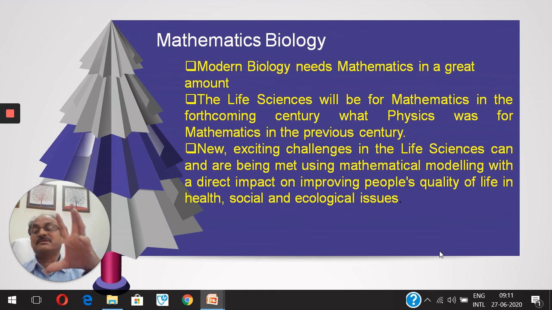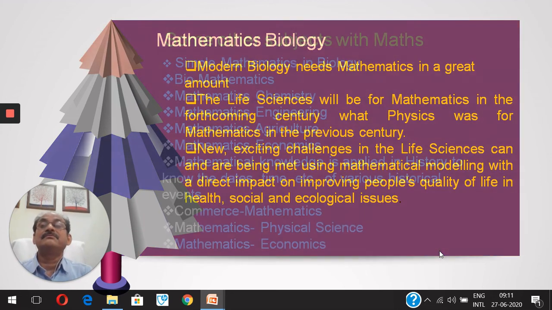So biological mathematics is a very important concept nowadays. In the corona situation, we are using the biological model because we are taking the help of biological people. We are taking the help of biotechnological people, and we are framing the mathematical model on corona. So when we do that, it means that you have entered the interdisciplinary area.